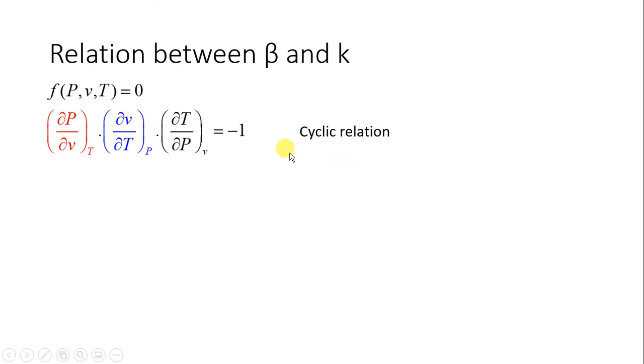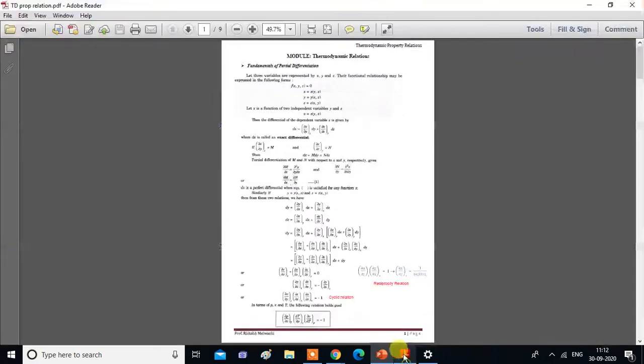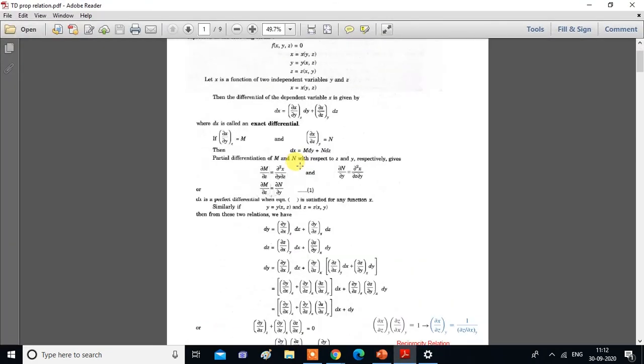So basically you can write F of x, y, z is equal to 0, and from there you can derive a relation that is known as the cyclic relation. It is in terms of x, y, z, and you can replace x, y, z with pressure, volume and temperature, and you can write the cyclic relation for pressure, volume and temperature. So this relation gives you -1, and this has been explained in the PDF which has been provided to you.